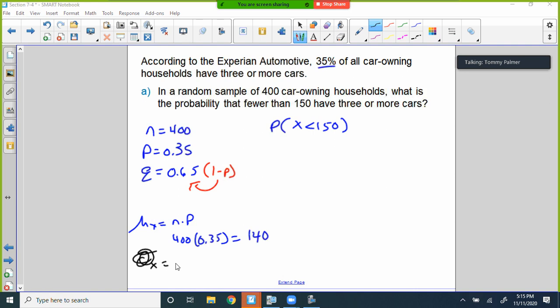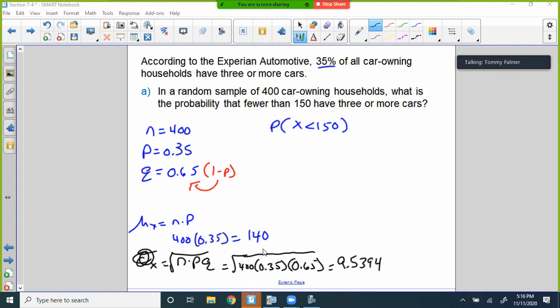then that's npq. It's not just npq, it's the square root of that. So that would be the square root of 400 times 0.35 times 0.65, and that's going to give me 9.5394.